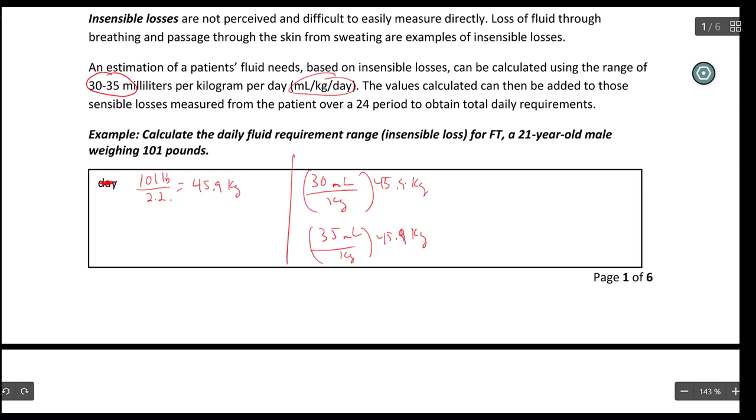The one on top is about 1,377 mL. The one on the bottom is about 1,605.5 mL. So this is our range right here: between almost 1,400 to 1,600 mL per day is the lower and upper range that a person would need, estimated on their insensible losses.